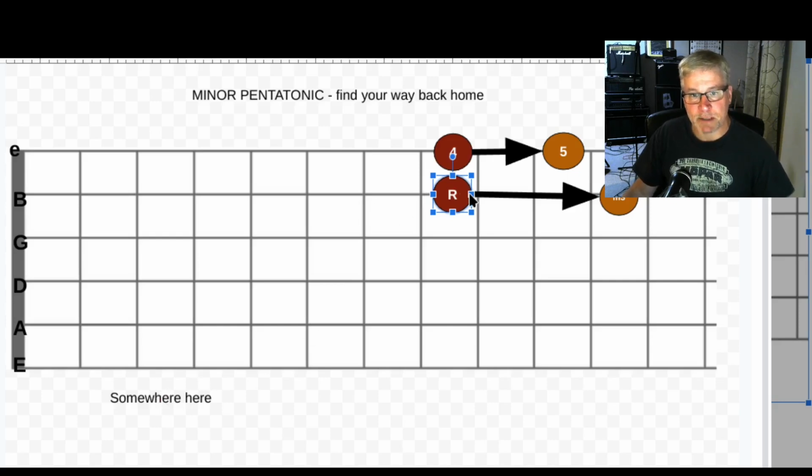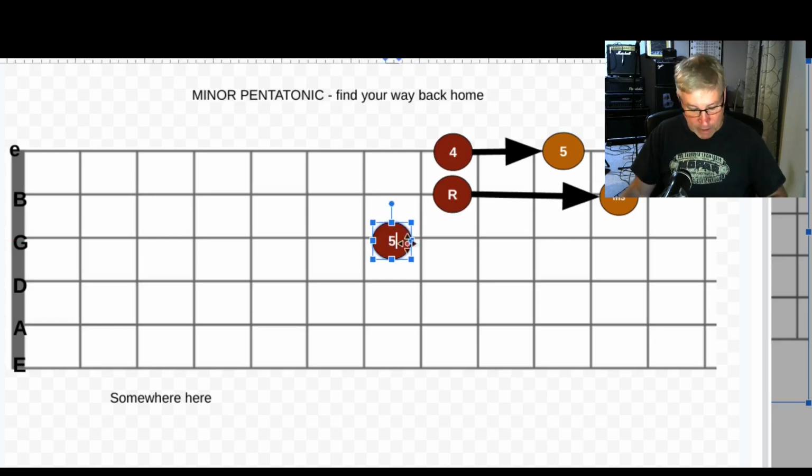So, for instance, we know that below the root note is a perfect fifth. However, because we've traversed the B string over to the G, there's that tuning thing. And we learn that if we're going up on the neck, we have to move it over.